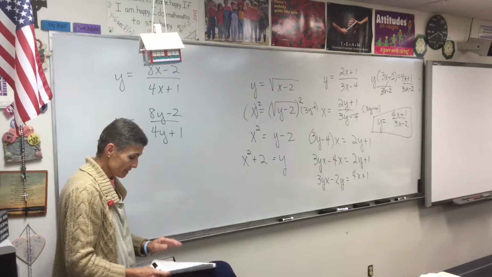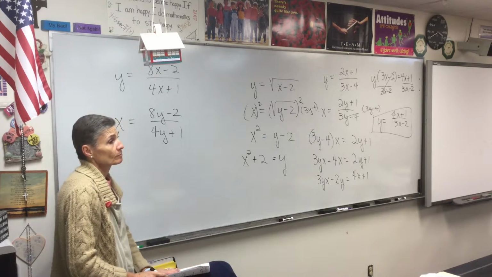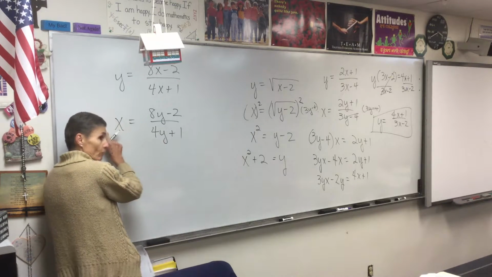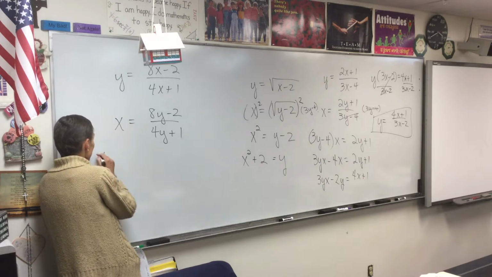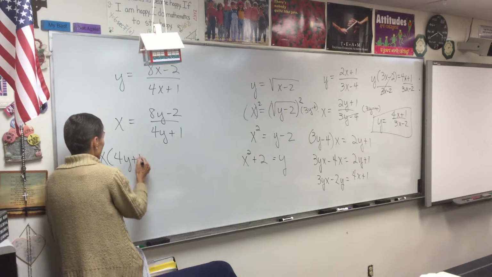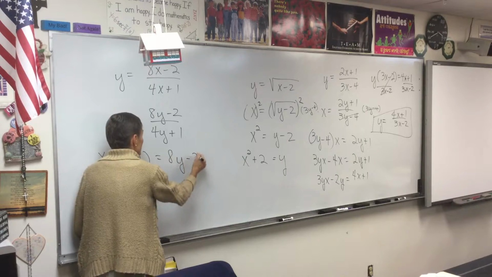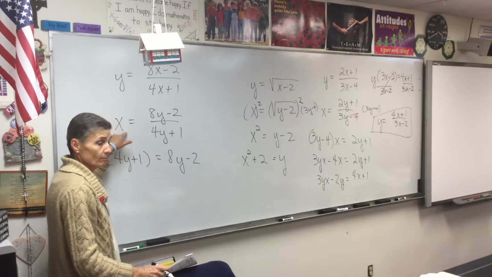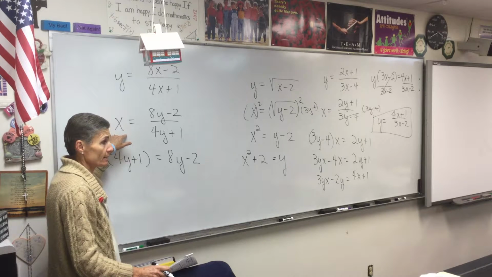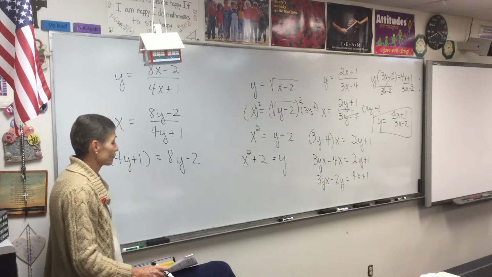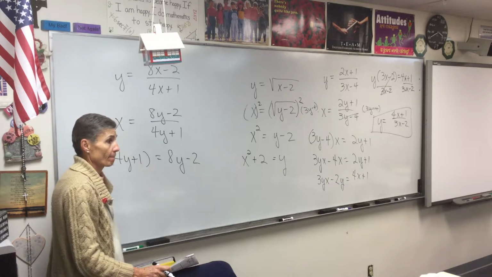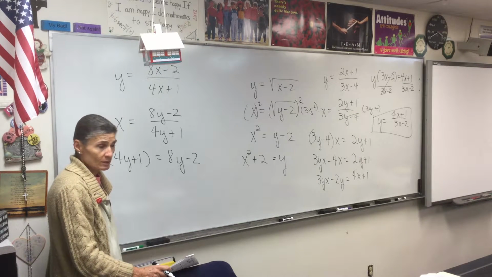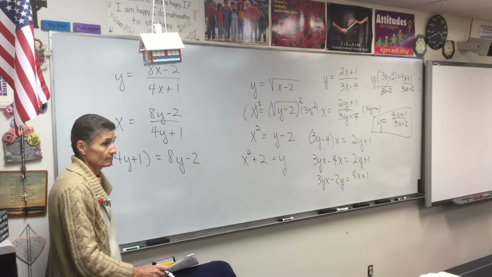Now, if you're working ahead of me, what's the next step? Get this guy over here on this side. So we're going to have x times 4y plus 1 equals 8y minus 2. Move this denominator over here. Multiply it over to the other side. Now, if you're working ahead of me, what are you doing right now?